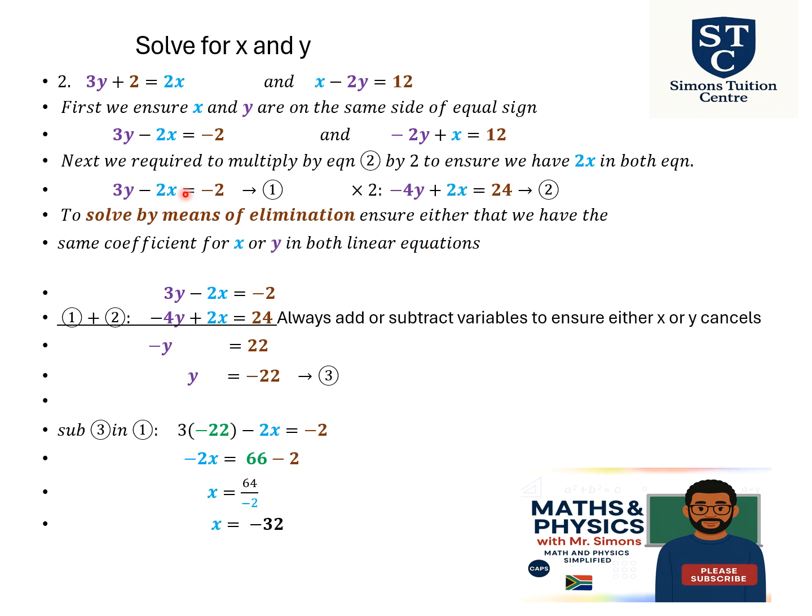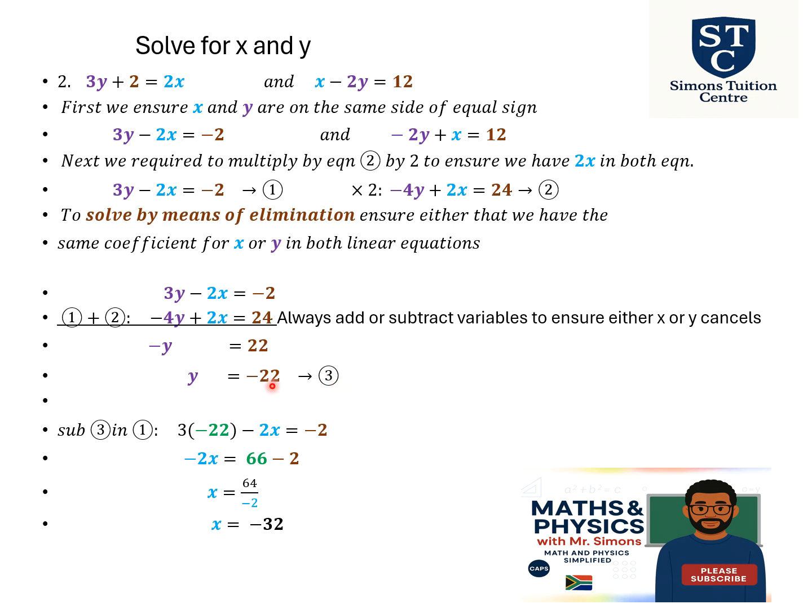If I write 3y minus 2x equal negative 2, and minus 4y plus 2x equal 24, I can add equation 1 and equation 2. 3y minus 4y gives me negative y, 2x minus 2x cancels. Now I have one unknown, so I'm able to solve. 24 minus 2 gives me 22. So negative y equal 22. If I divide by negative, y equal minus 22.